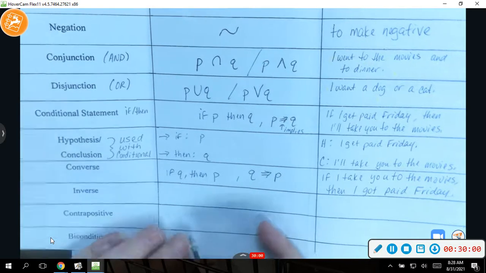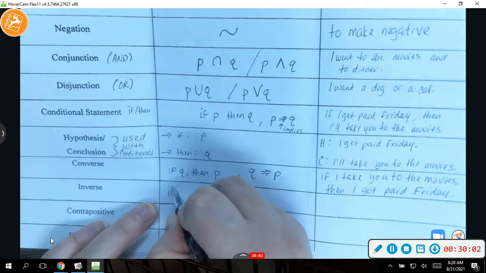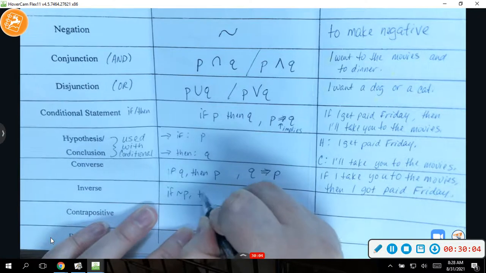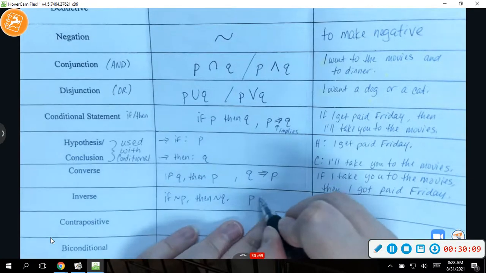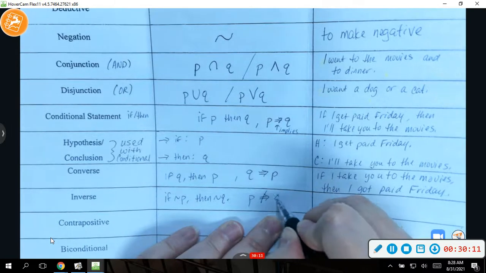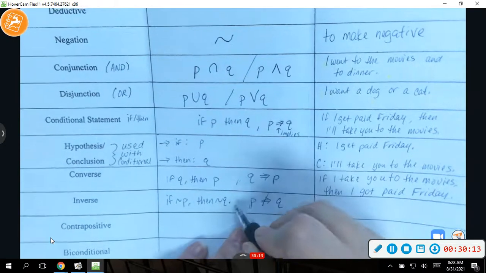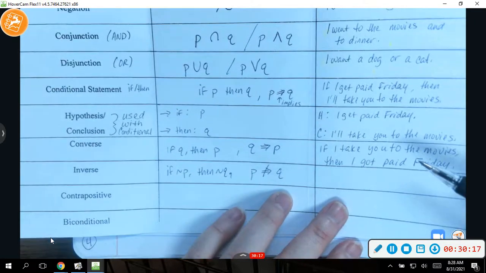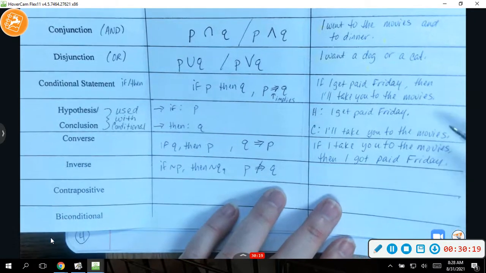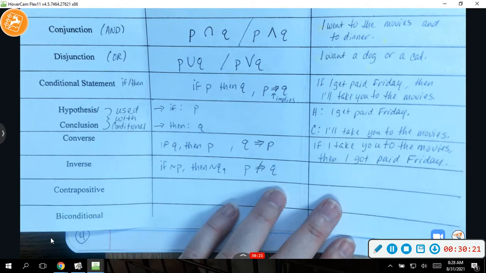So the inverse was the negation. So it was, if not P, then not Q. Or you could say P does not imply Q. Okay, so I'm using the same example here, the one that I had already written, but you use whatever you wrote. And if you hadn't written anything yet, then feel free to choose this one or write your own. It's your choice. Because remember, these notes are for you to understand it.